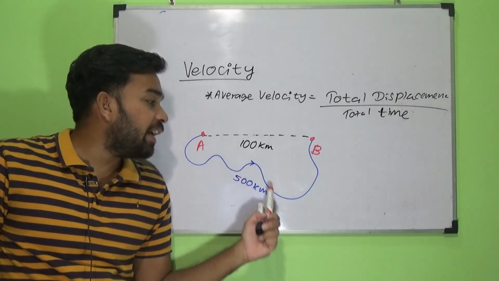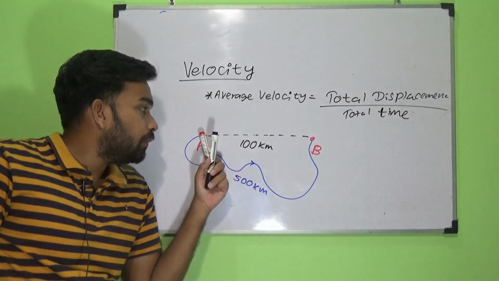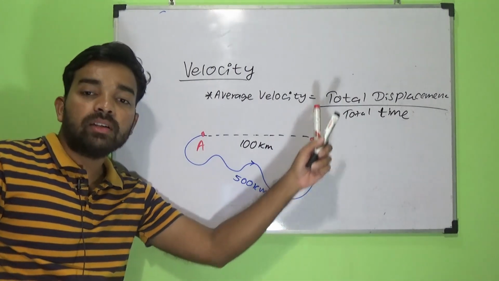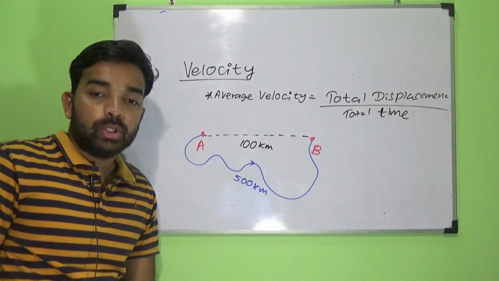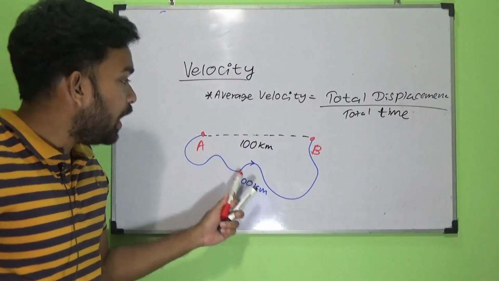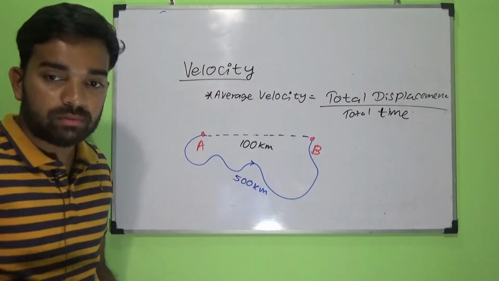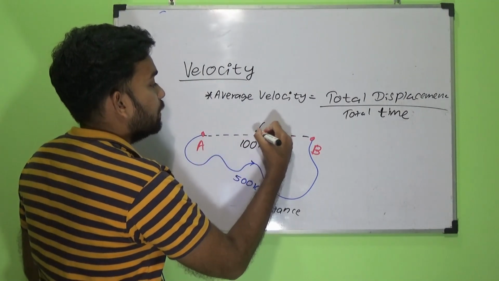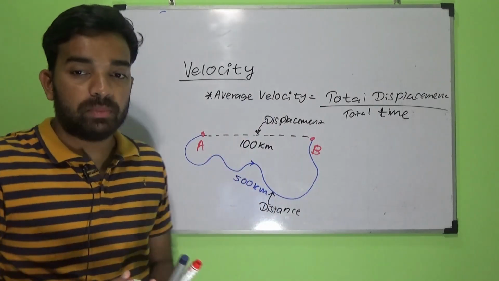So you have to travel from A to B in a vehicle on this 500 kilometers road. This is the distance that you travel, and this is the displacement.